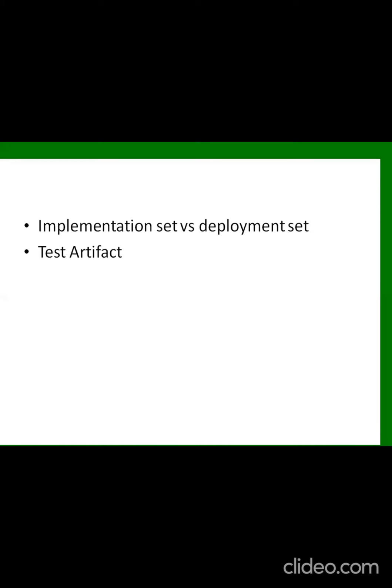And also in this virtual machine constraints such as file descriptors, garbage collections, heap size, record set, etc. And in this process level concurrency issues such as deadlock and race conditions. So these are the implementation set versus deployment set.